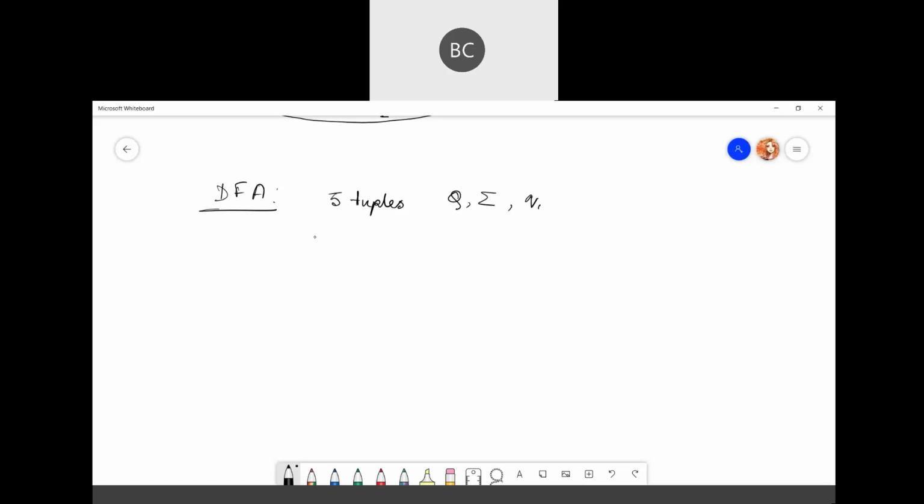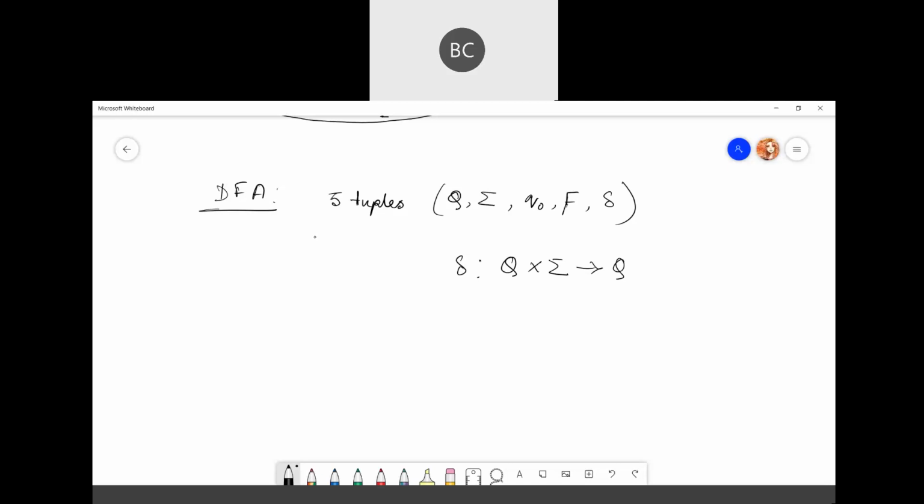There will be an initial state, there will be a final state, and there will be a transition function. What is the transition function for DFA? From one state, it will take one input symbol and will move to another state. This is the transition function for DFA.